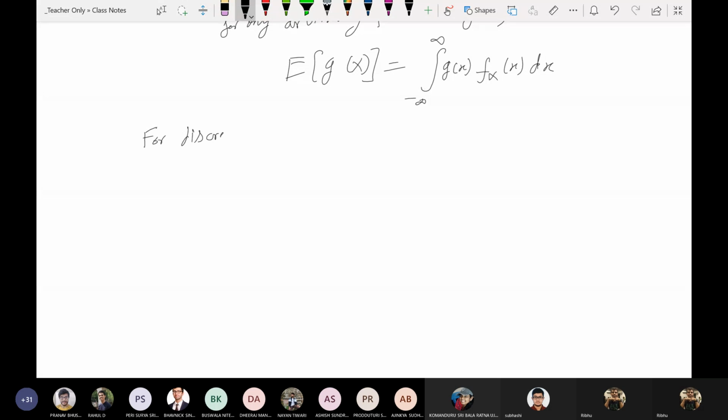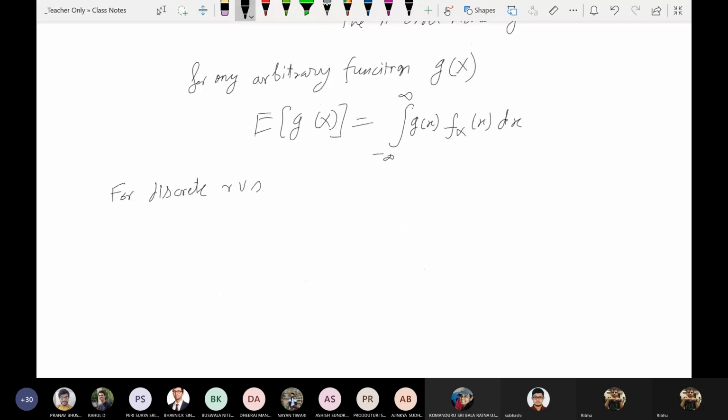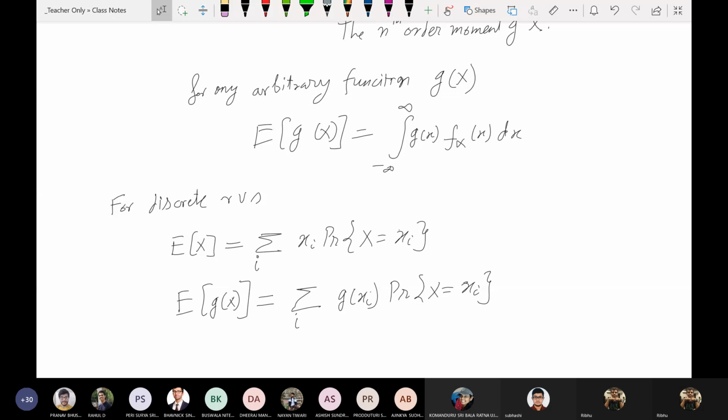For discrete random variables, expectation of X equals summation over i of x_i times the probability that X equals x_i. Similarly, based on this, can someone tell me a way to write the PDF of a discrete random variable?